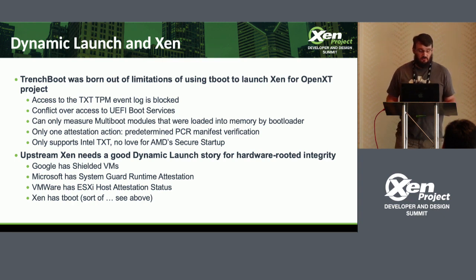The upstream Xen itself needs a good dynamic launch story that gives you hardware-rooted integrity. The ecosystem and all the competitors are building their own capabilities. Google's got their Shielded VMs that give you hardware-rooted integrity for your VMs. Microsoft is running System Guard runtime attestation.